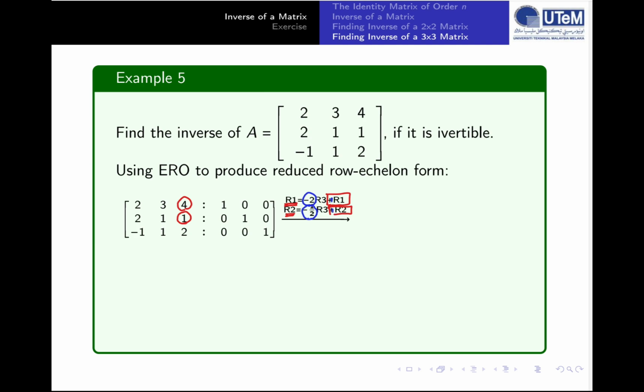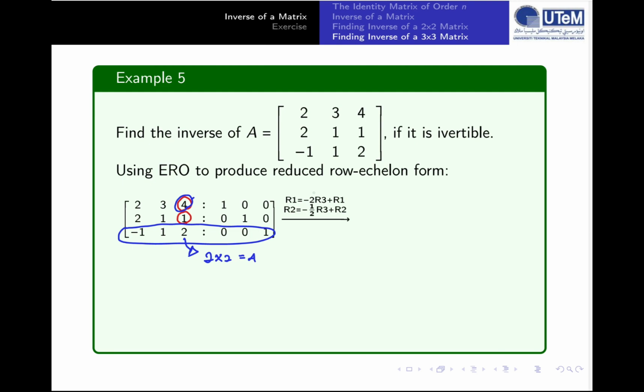Now we want to change this 4 to 0 by using row 3. In order to get the value 4 to become 0, row 3 is 2, so 2 times 2 equals 4, and then we can subtract row 1.